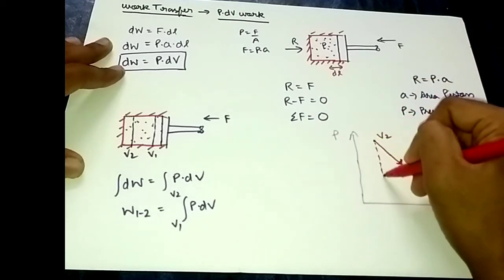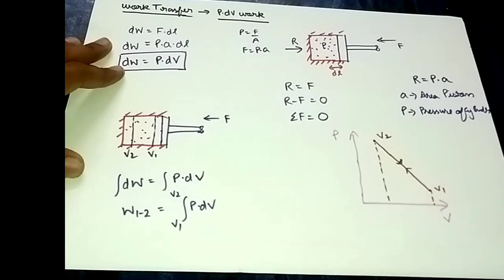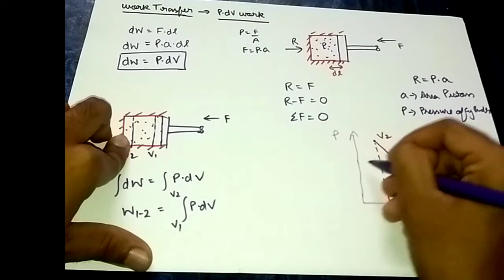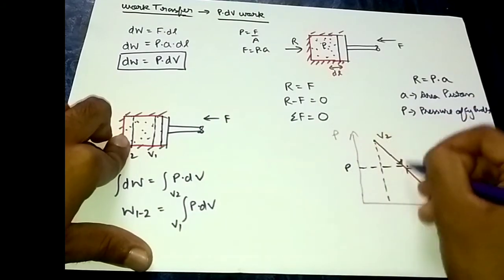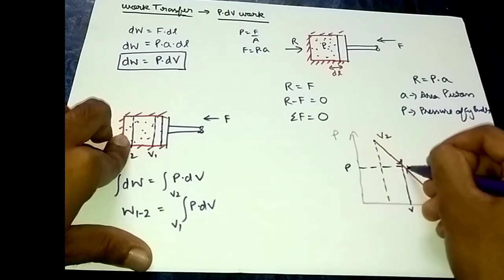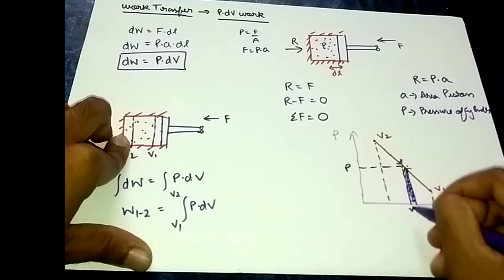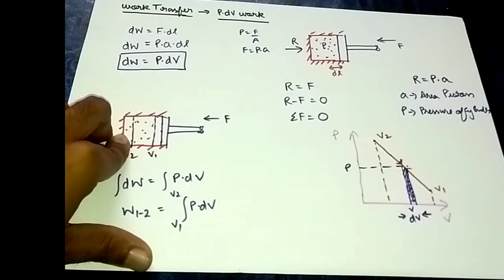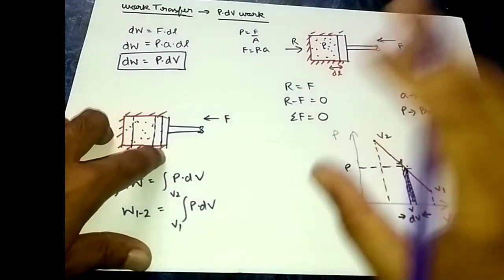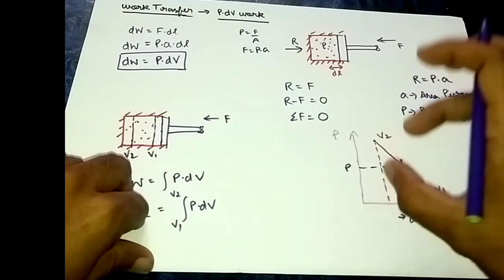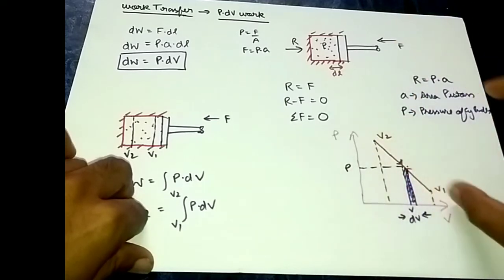Now if I consider only a small elementary work, suppose only this much area, here the volume will be dV and the pressure will be P. What will be the work transfer here? The work here will be the area under the PV diagram.